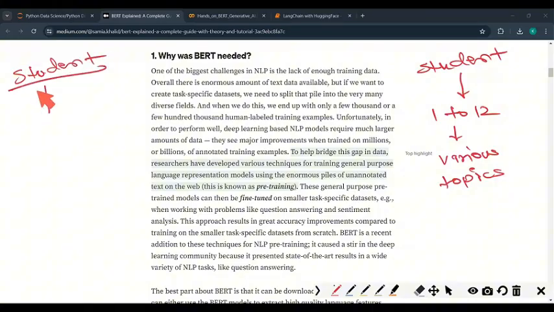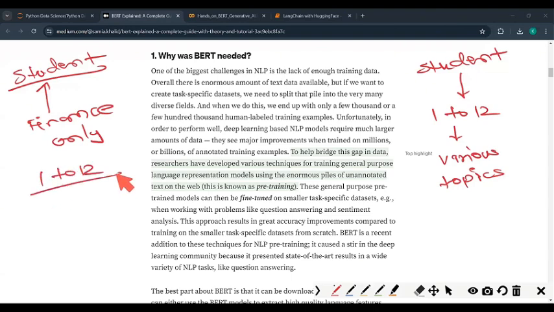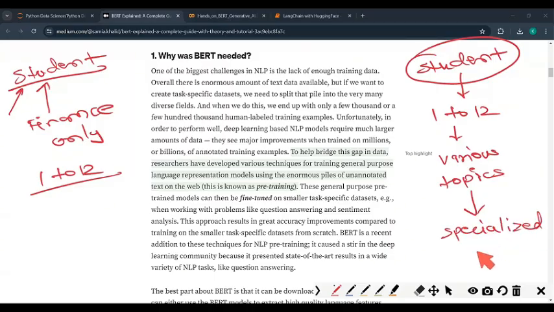If you try to teach this student only finance from the start, right? From class 1 to 12, when the student started learning actual things, you teach only finance from the start. The overall idea is that this student will not be as good as the student who is first taught various topics, then taught the specialized topic in college.